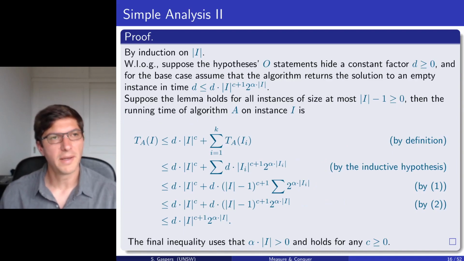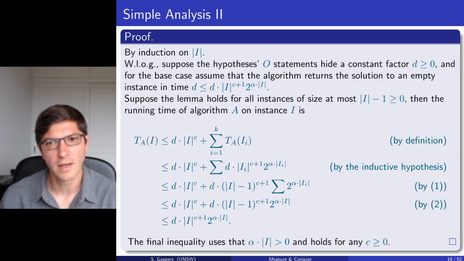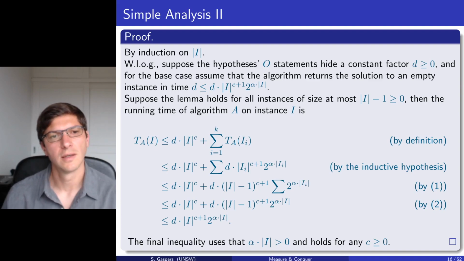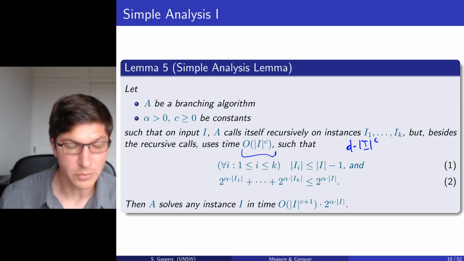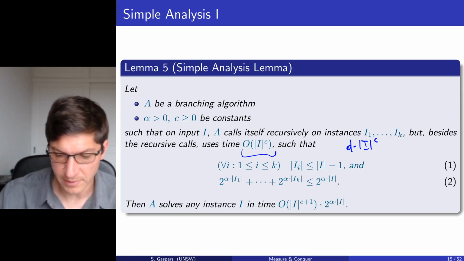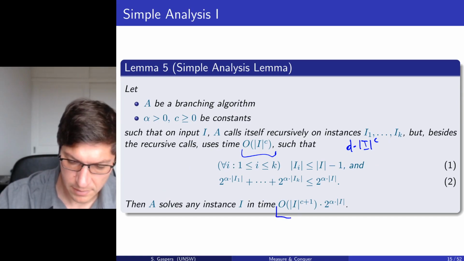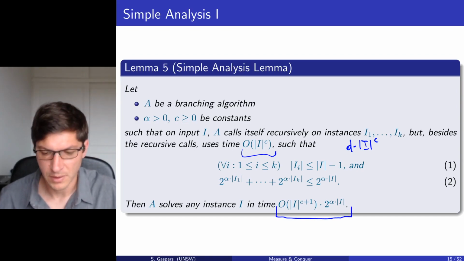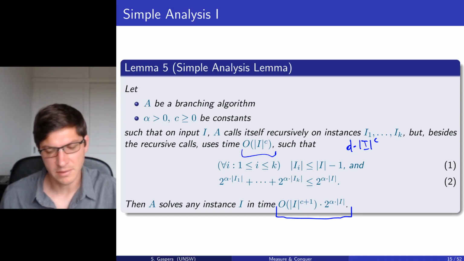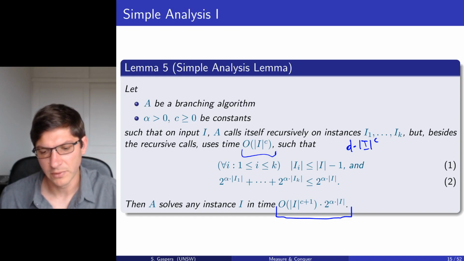So now for the base case, assume that our instance has size 1. So what do we need to prove? Well, we need to prove that if our instance has size 1, then the running time is at most d times 1 to the power something, so that's 1, times 2 to the power alpha times 1.